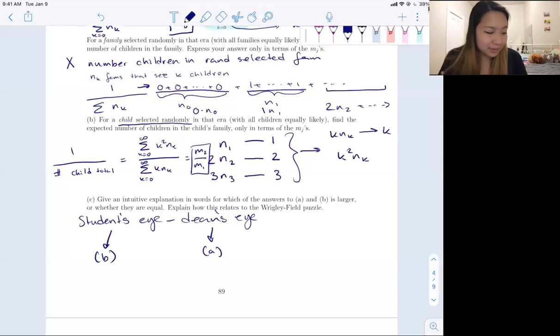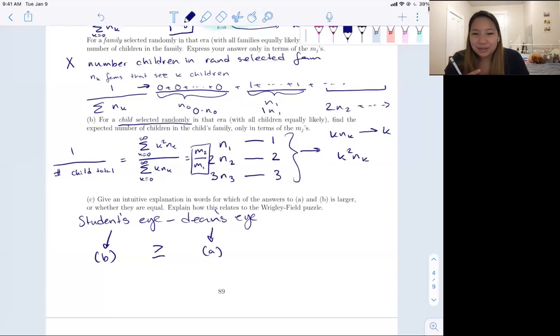So I would say intuitively that the student's eye is going to be larger. And that's just because there's going to be a lot of kids in these large families that see a lot of people, and maybe very few kids in small families that see very few people.